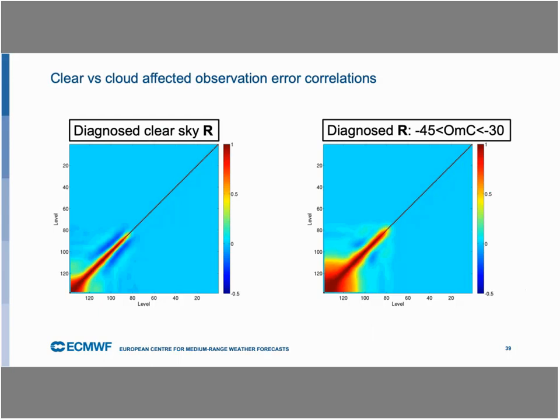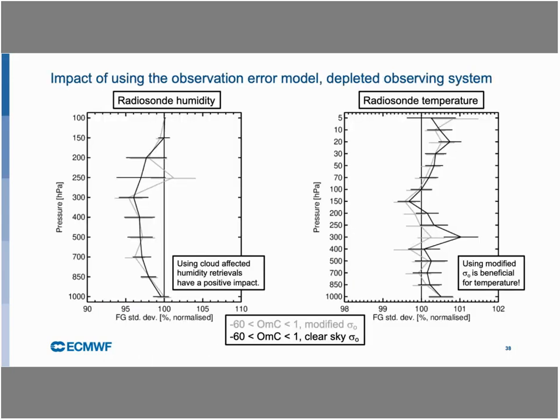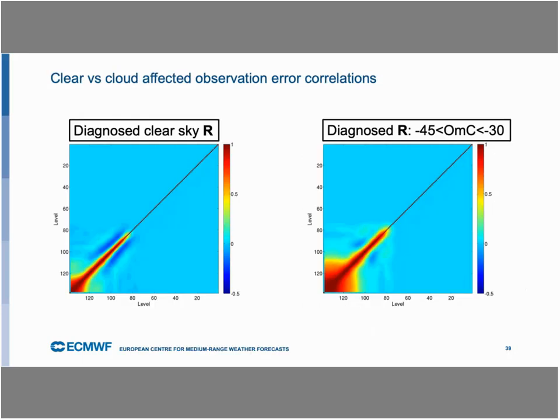And then the observation error correlations in these experiments were still the clear sky observation error correlations. So the next step to move into a more complex situation was to take into account the increased error correlations in the cloud-affected situations.